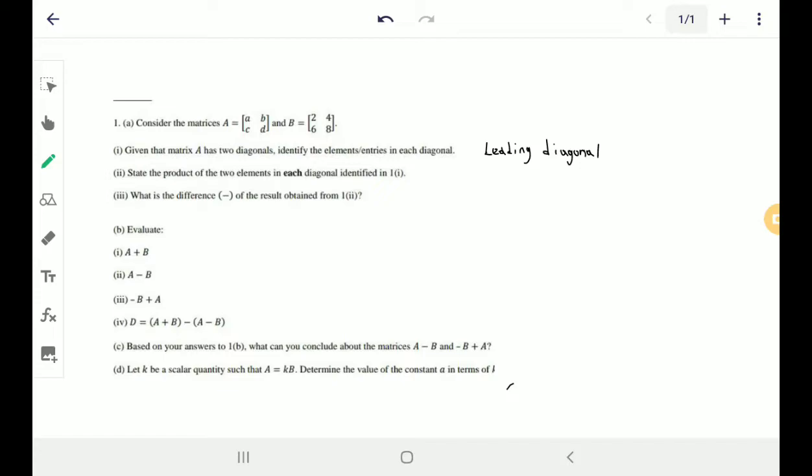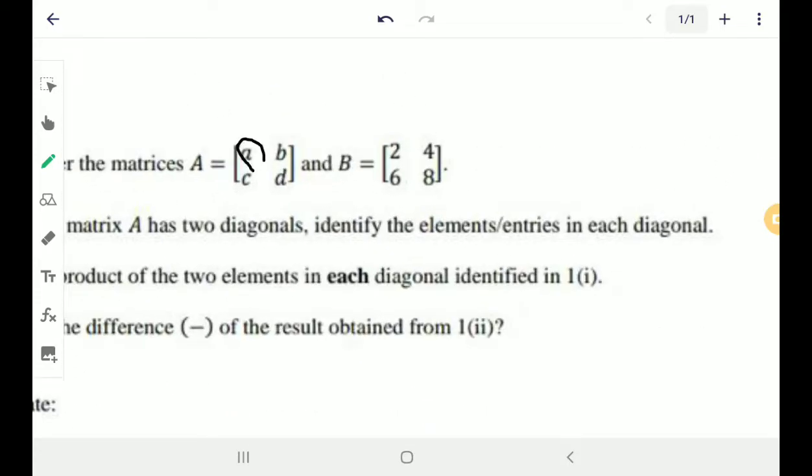Alright, so the elements in the leading diagonal would be A and D.